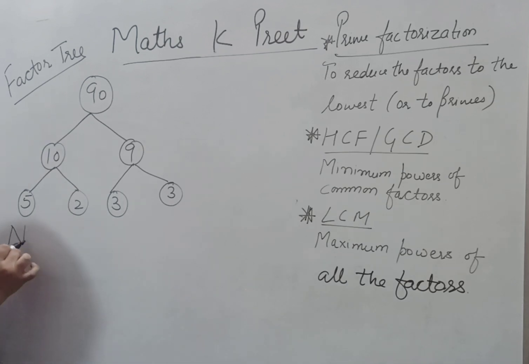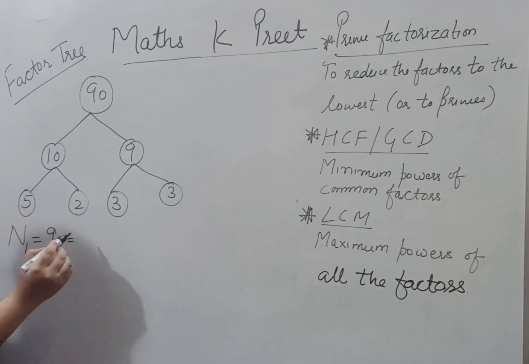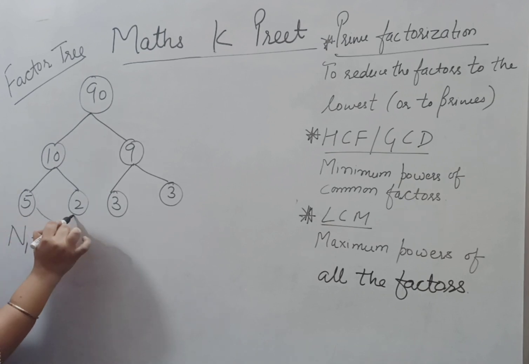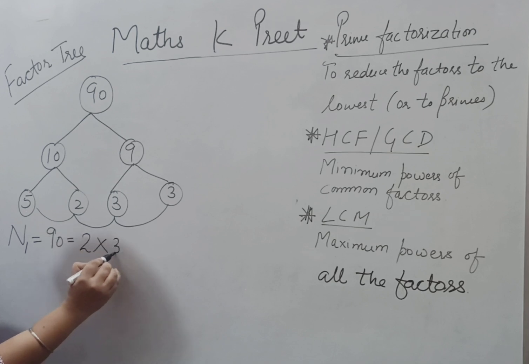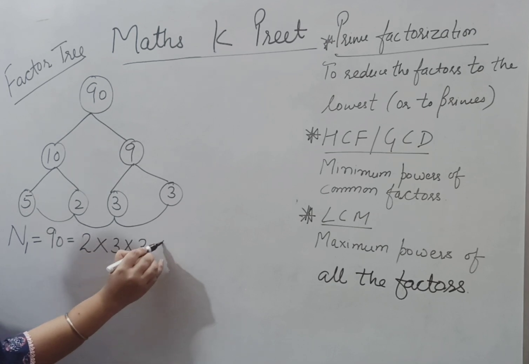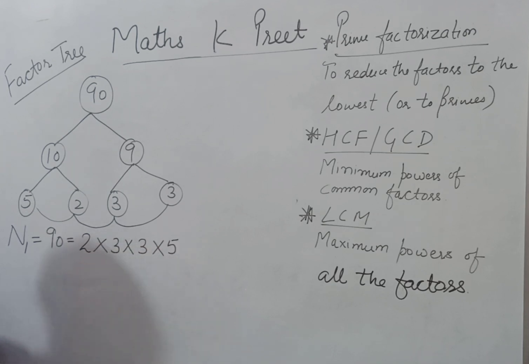Let's say n1 is equal to 90, which can be written as 5 into 2 into 3 into 3 again. Let's write it in a sorted way: 2 times 3 times 3 times 5.